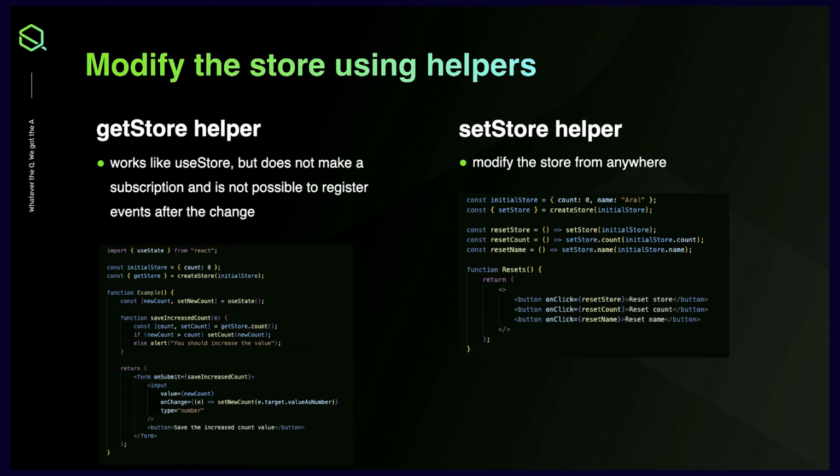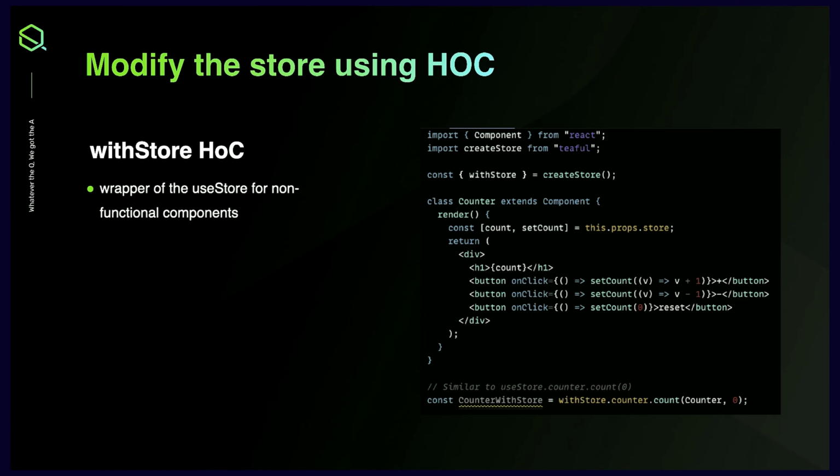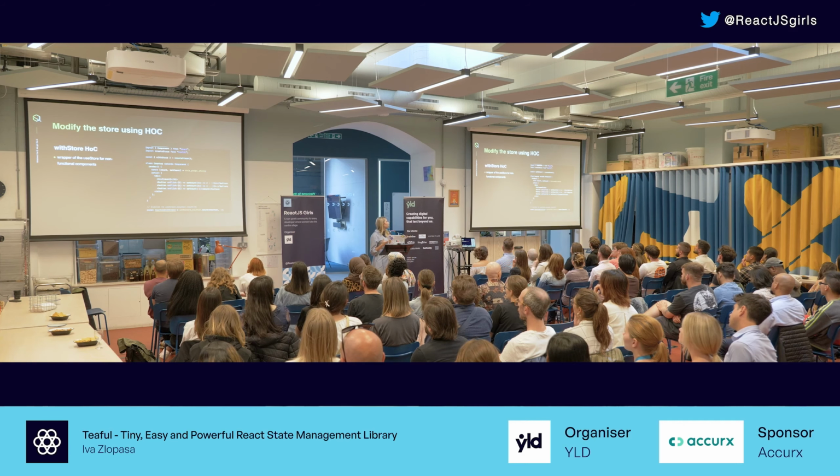You can see how easy it is. You can also do it with higher-order components. It's called with store. It's a wrapper of use store for non-functional components. This is something I didn't use because we are using functional components now, but just for you to know that there is an option to use it with classes.